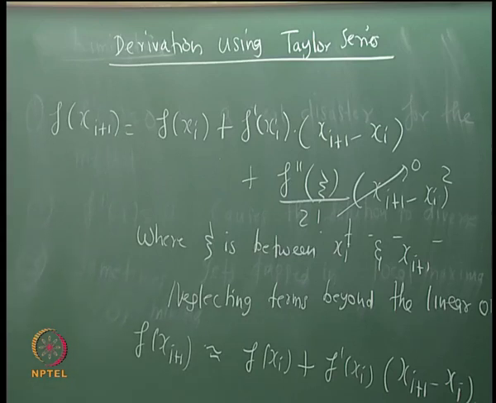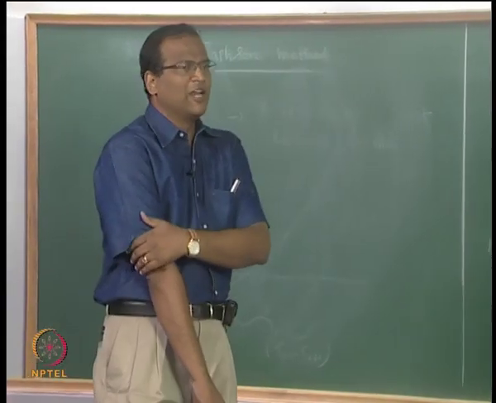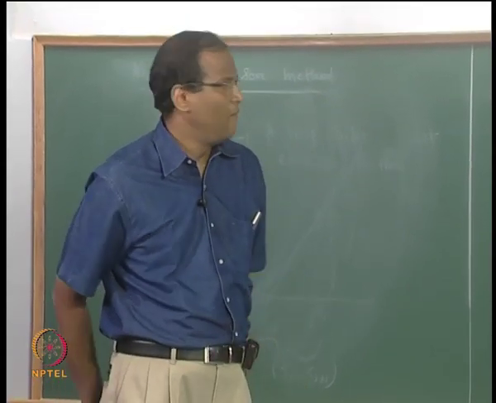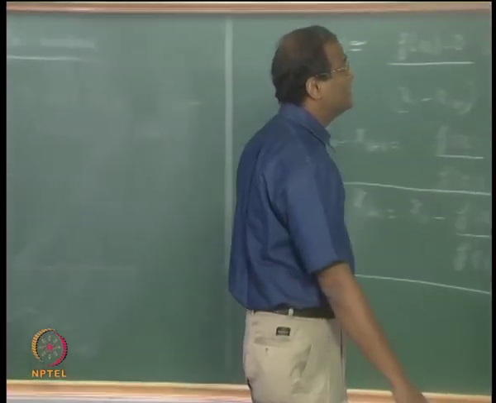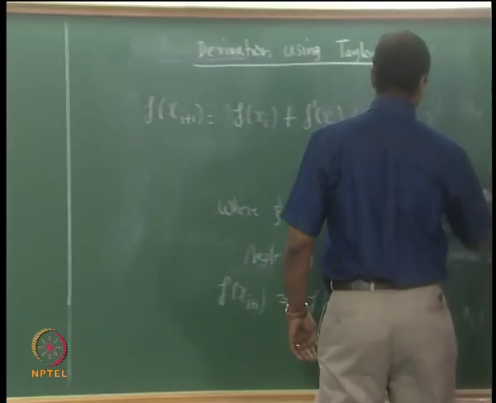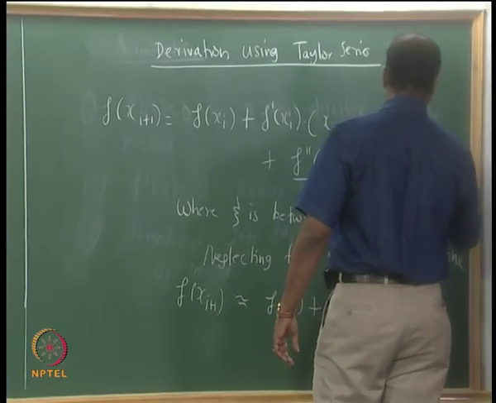Does that lead to the same solution? What are we trying to make 0? You are trying to make f of xi plus 1 equal to 0, okay.